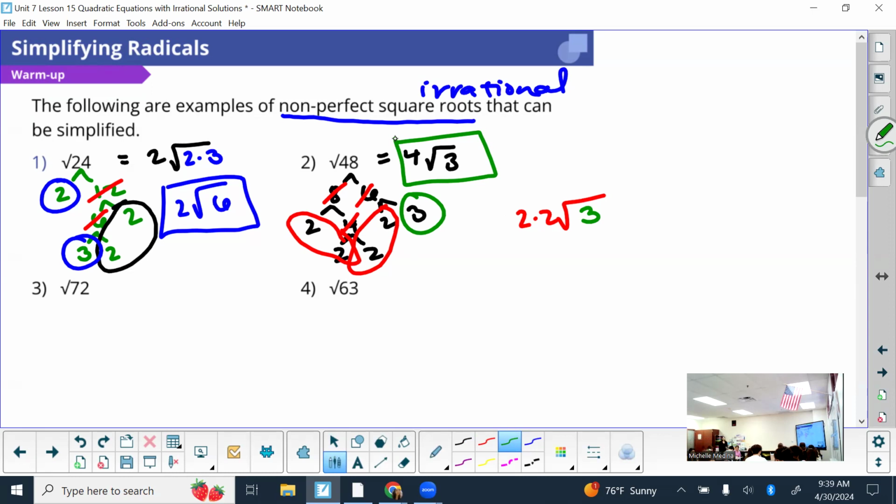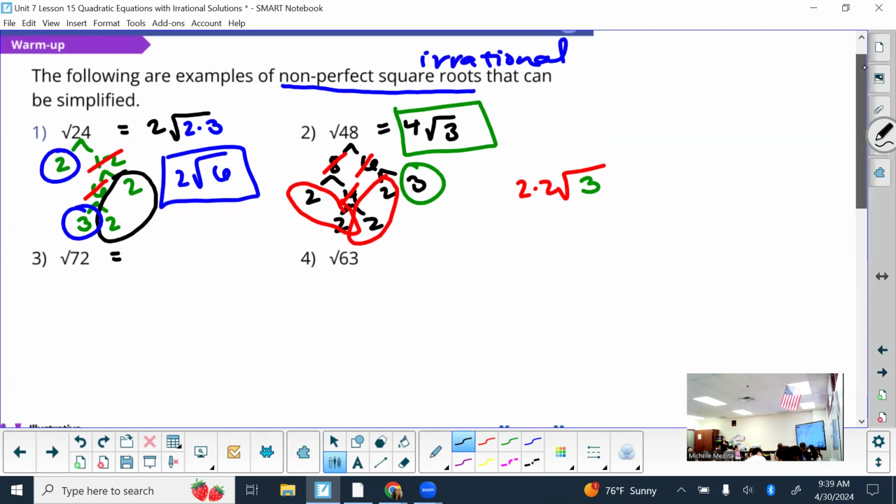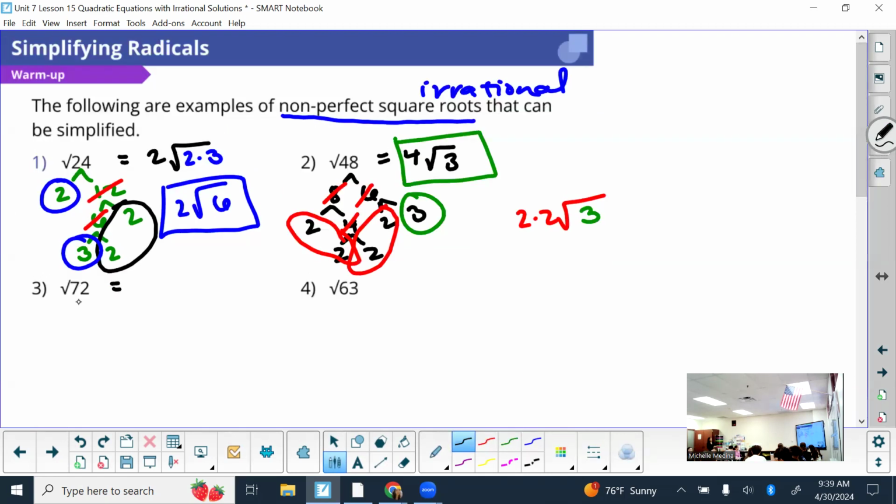Table 9, what is the simplified version of the square root of 72? Or venture a guess? Can you tell me, table 9, 2 numbers that multiply to 72? One more time. 6.